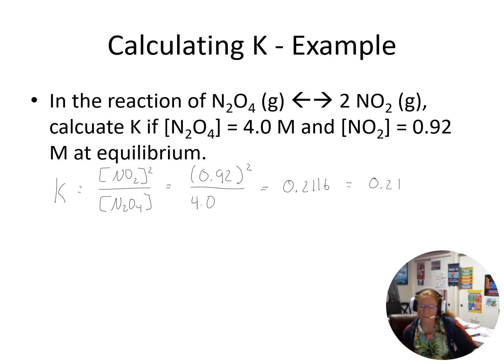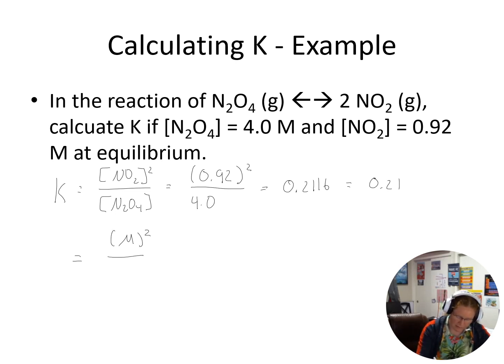Now, when we have equilibrium constants, the units actually vary from equilibrium constant to equilibrium constant. So my concentrations are in molarity. So when I plug just the concentration terms in, here I get molarity squared over molarity, because I have a molarity times a molarity over a molarity. All right, so I can expand that out, and this and this will cancel.